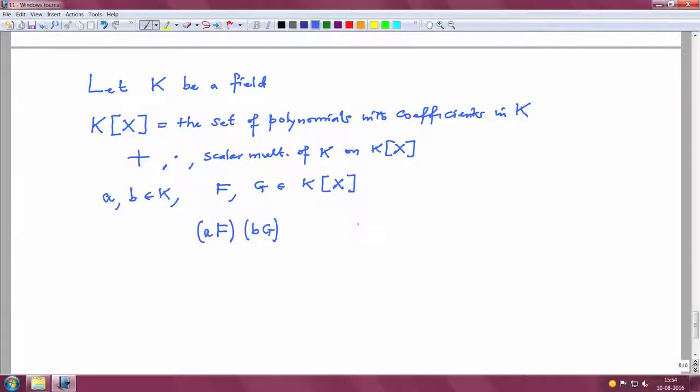On the other hand, you first multiply the scalars and then multiply this scalar to the product polynomial. This result should be the same, that is the compatibility of scalar multiplication of K on K[x] and the multiplication of polynomials.